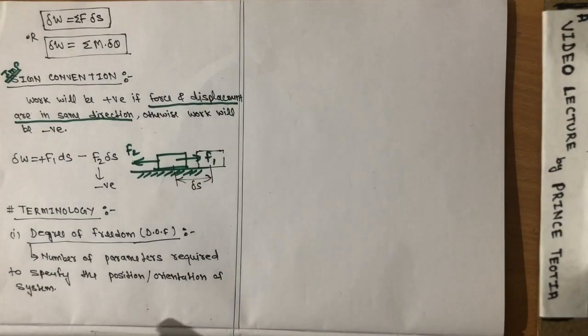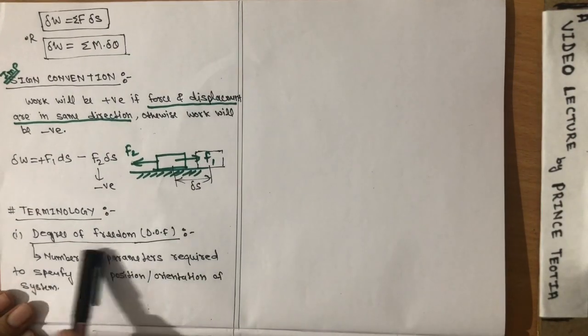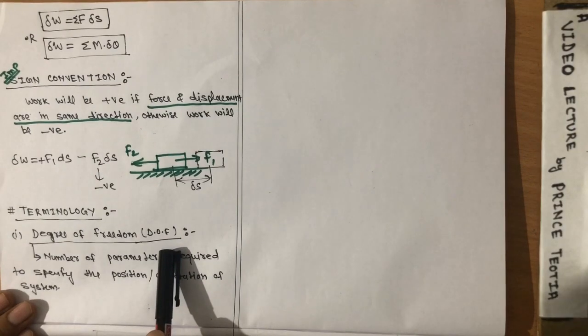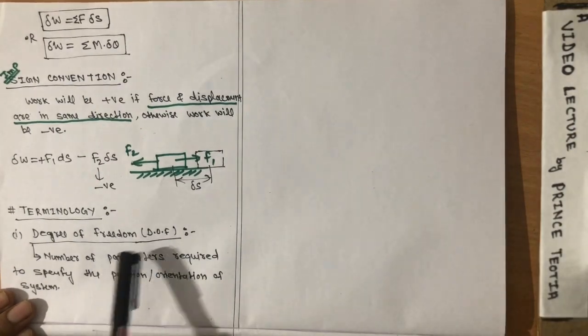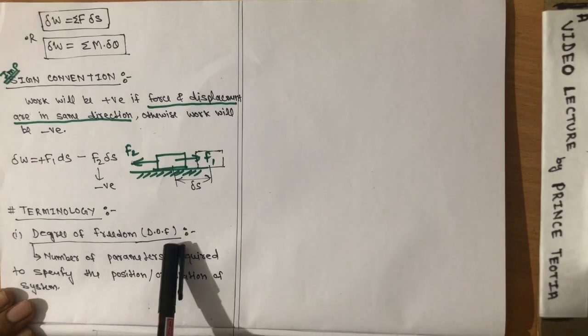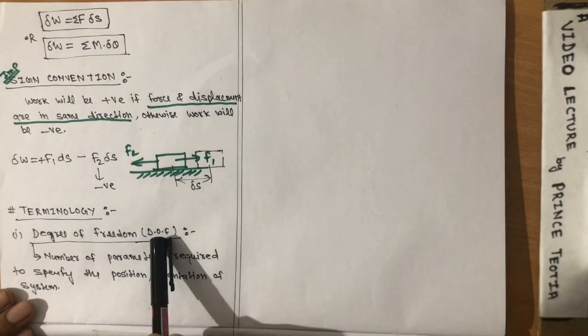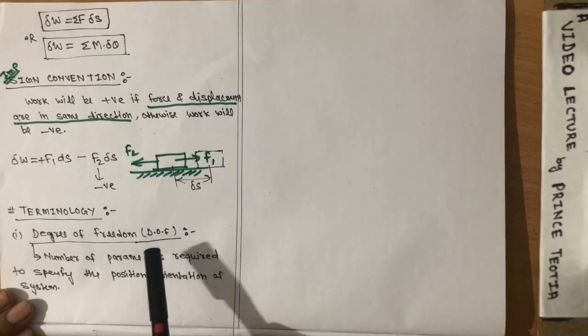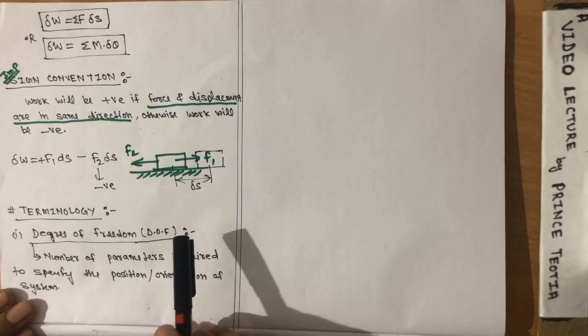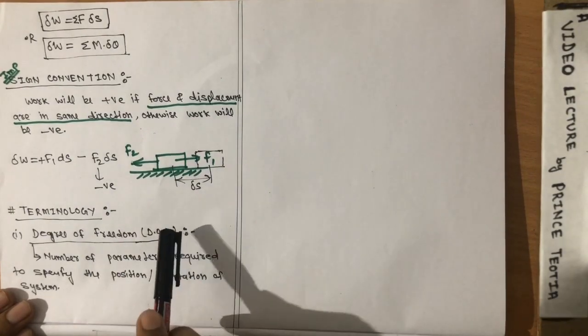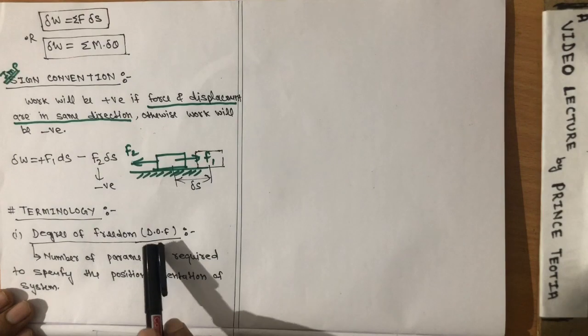There are some terminologies used in virtual work, and the first is the degree of freedom. In simple language, by the degree of freedom we know in which directions we can displace the system. It gives the suitable directions in which we can displace the system.